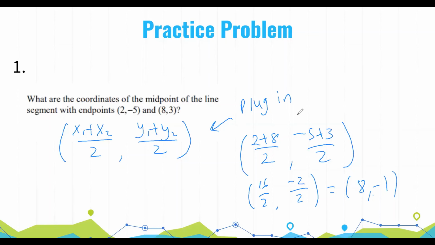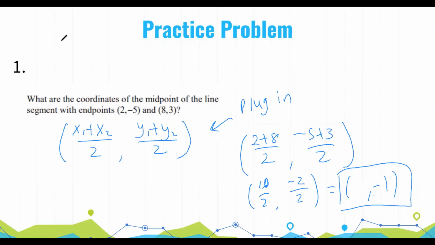Did you understand it? If there's any question, you can ask. So the midpoint of those 2 points is 8 and -1. Isn't it 5 and -1? Because 2 plus 8 is 10.